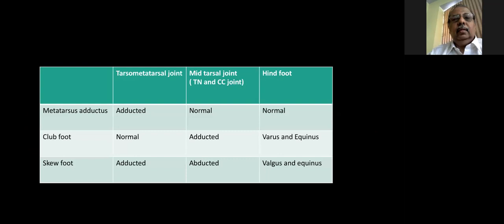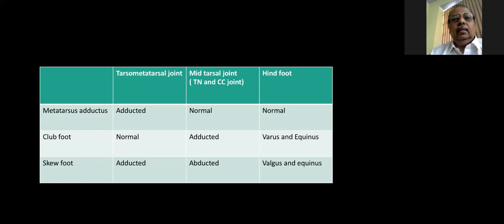Okay, tarso-metatarsal joint. The mid-tarsal joint is normal and the hind foot is normal. So it is a distal deformity. In clubfoot, the tarso-metatarsal joint is normal, while the adduction is taking place at the mid-tarsal joint, and the hind foot is in varus and equinus. Okay.